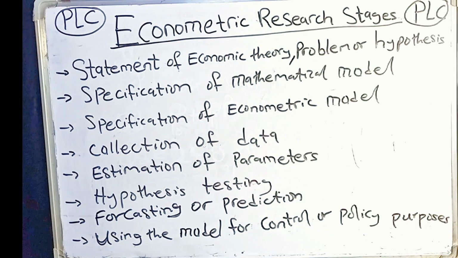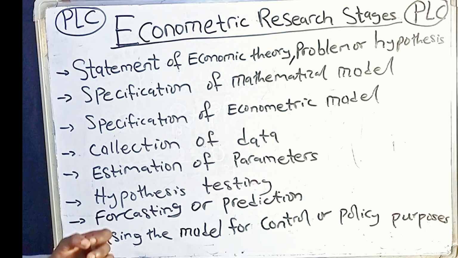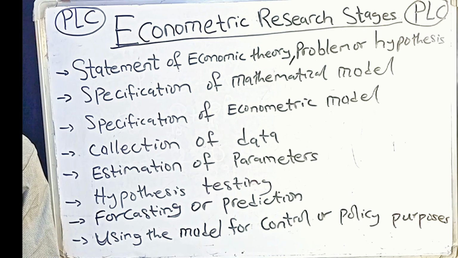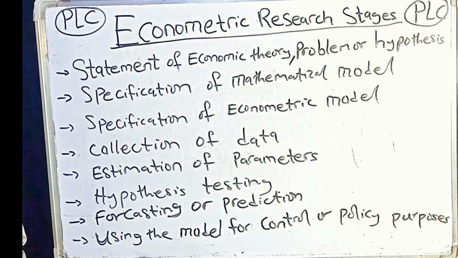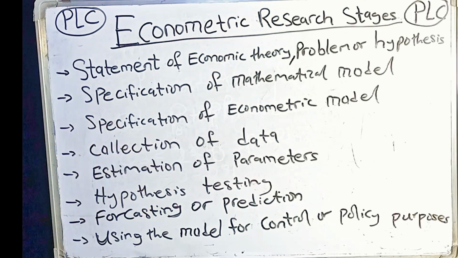This is what we call econometrics methodology, and it's also the same thing as the econometric research stages. It is important to know that in this video I'll be covering the classical methodology of econometrics, or put it the traditional methodology of econometrics, and these are the econometric research stages.